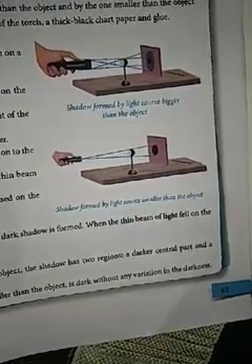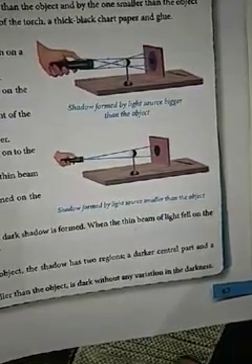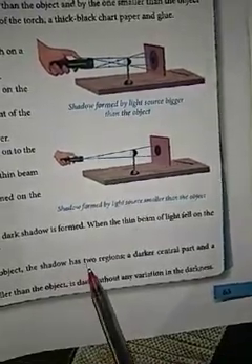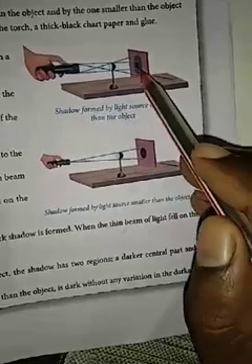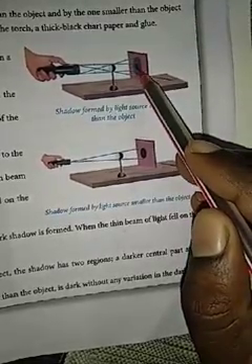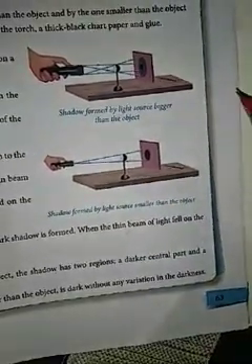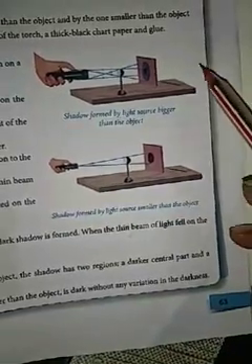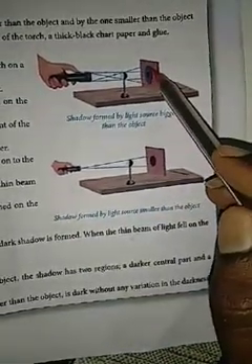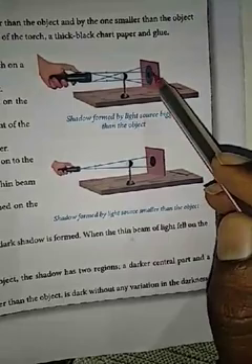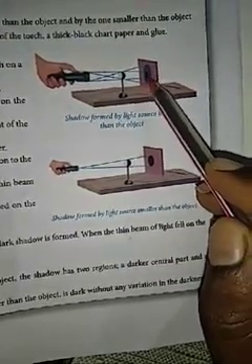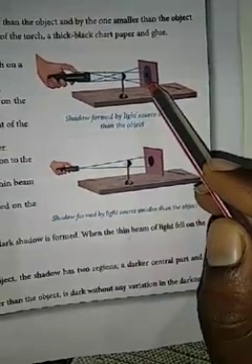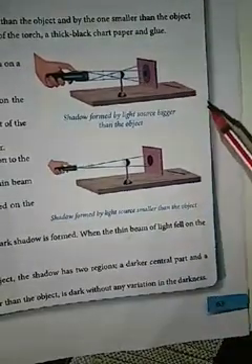When the light source is bigger than the object, the shadow has two regions. This is the darker central region and a lighter outer part. This lighter outer part is called penumbra and this darker central region is called umbra.